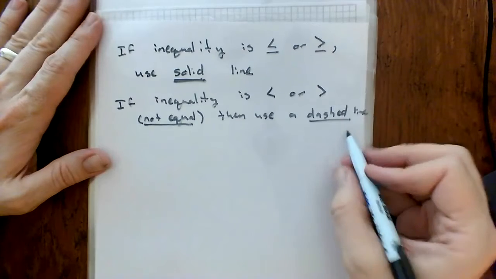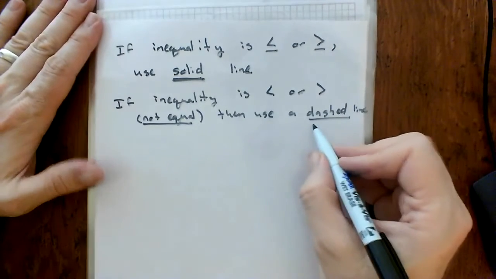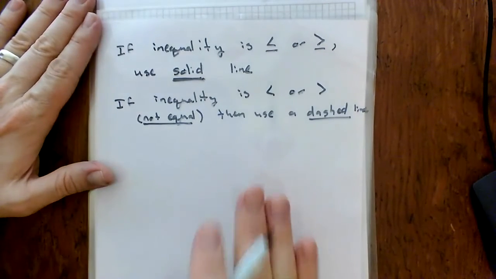This is kind of equivalent to using that open circle. That open circle tells us that it cannot equal that point.